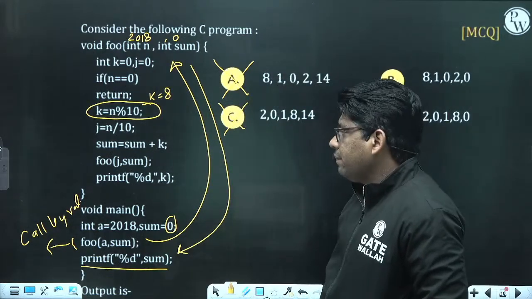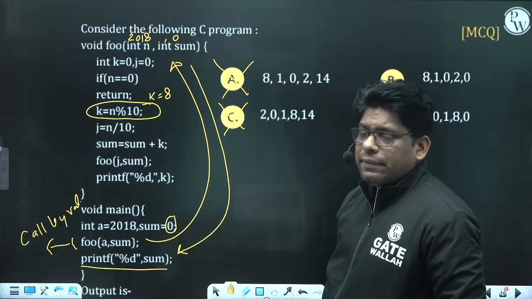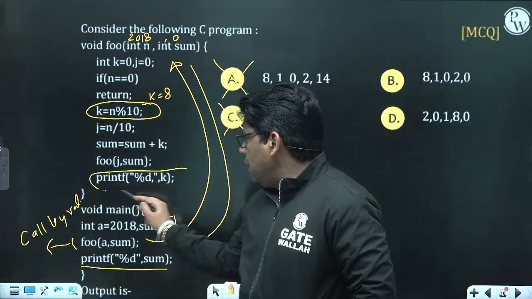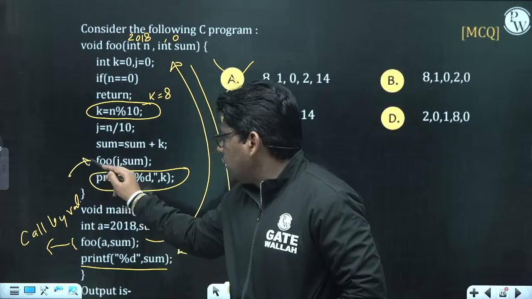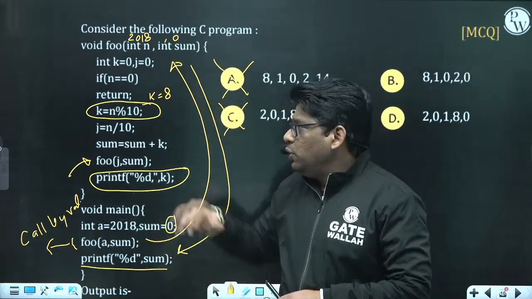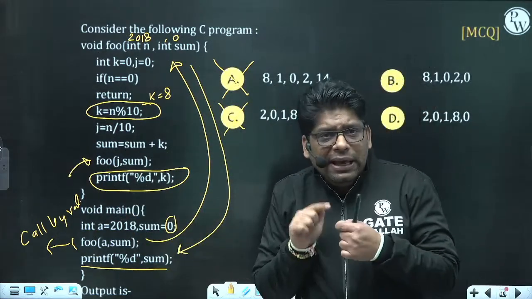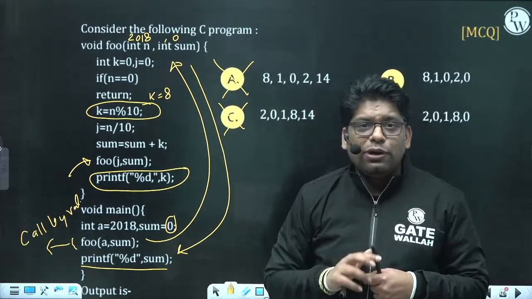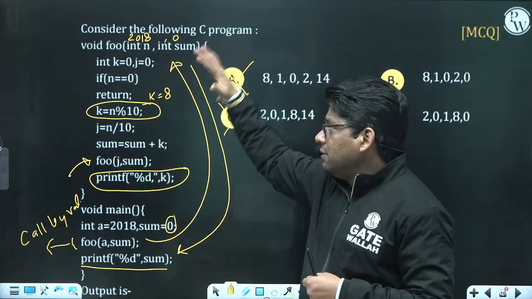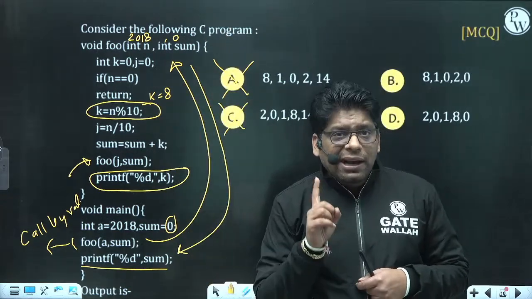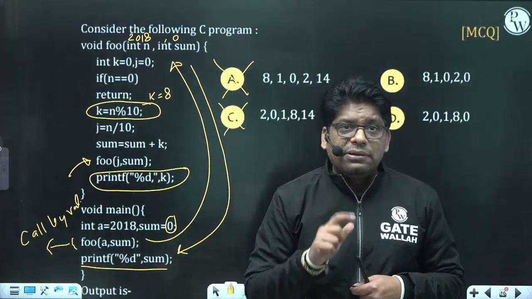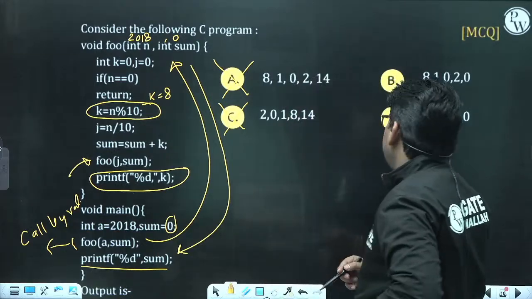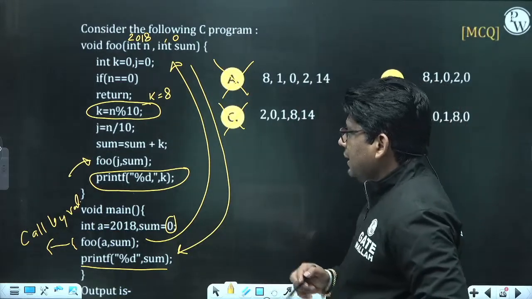Am I right? And you are printing this value after recursive call. That means during this recursion, the first value of K would be printed last. So can I say in this entire recursion, 8 is the value that is printed at the last. Is that okay? Tell me.